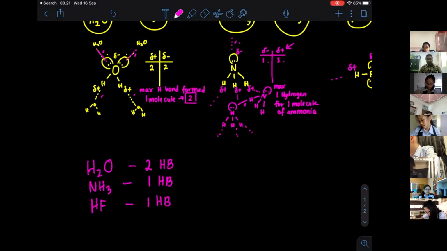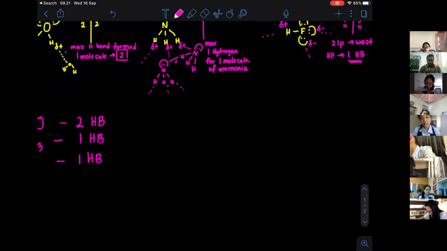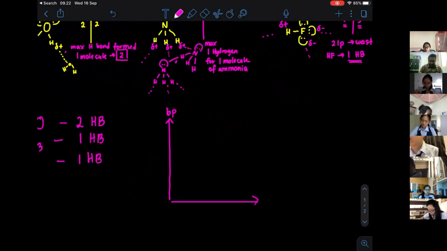So when we try to draw the boiling points, how do we compare them? Let's say there's nothing over here on the x-axis.